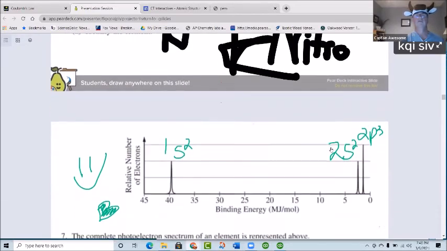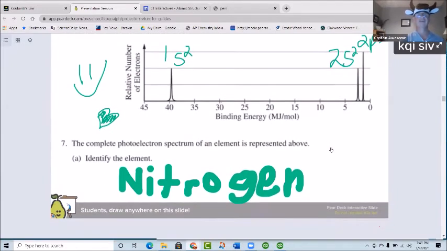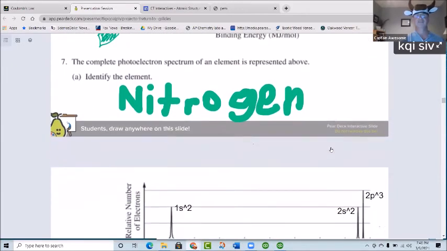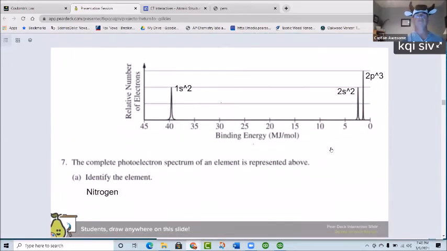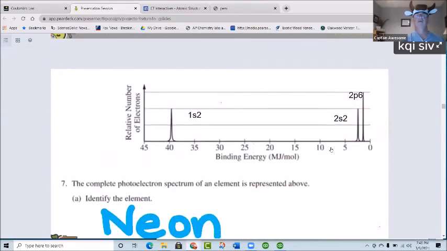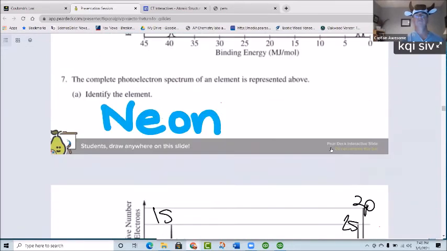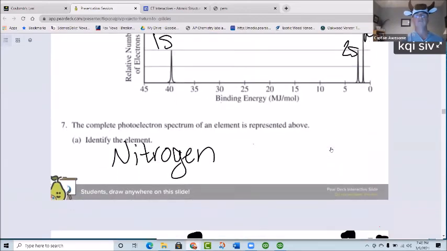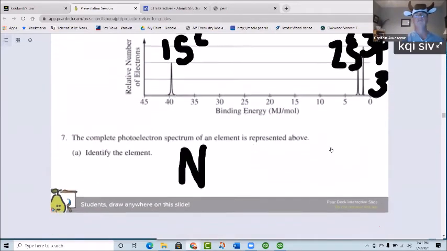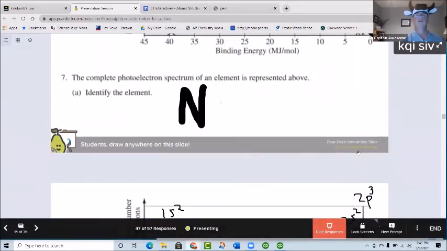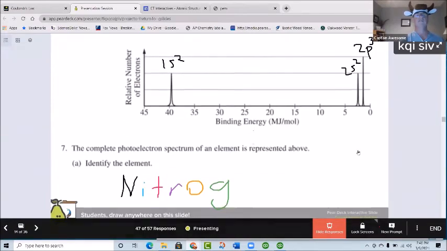Okay, somebody loves nitrogen with a smiley face. Okay, so some of y'all are putting neon and some of y'all are putting nitrogen. I've seen a couple 3Ps.